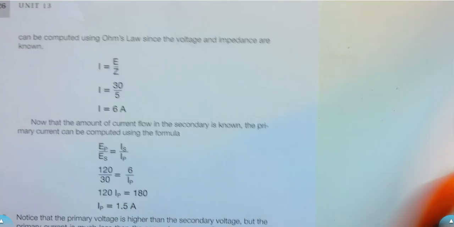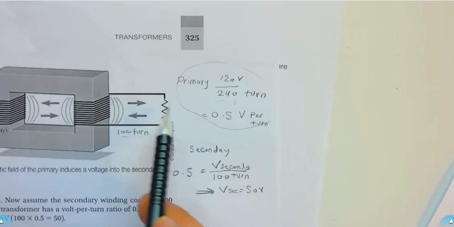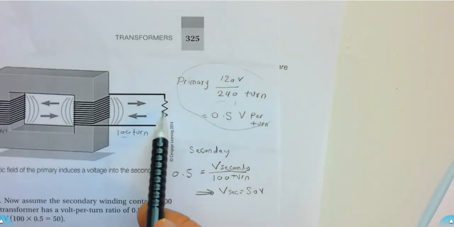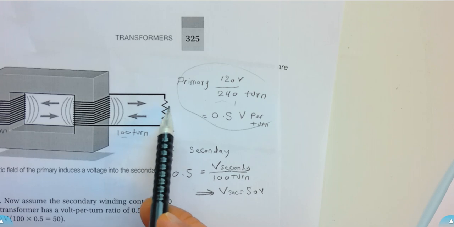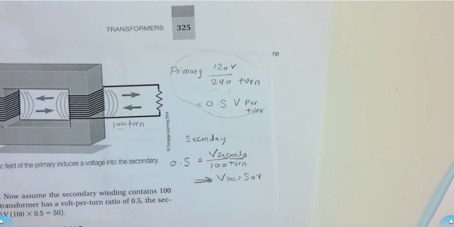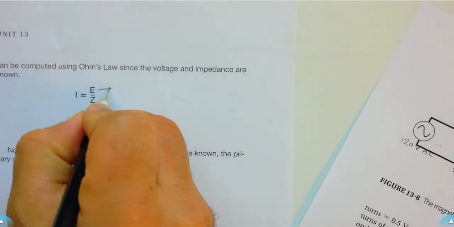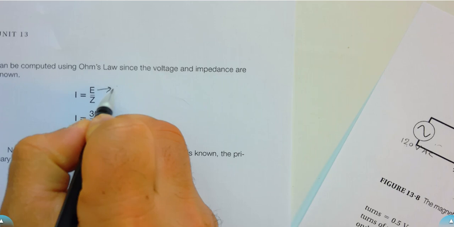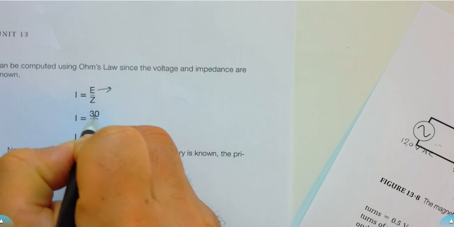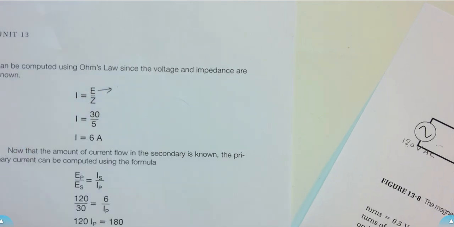For example, if I give you the impedance or resistance, like for example if it equals 5, we know that the voltage here in the secondary equals 30.